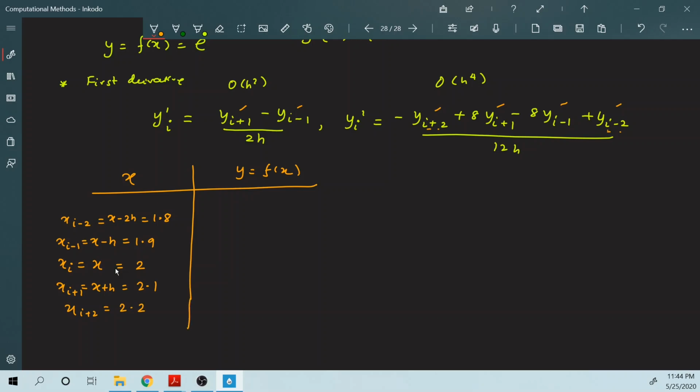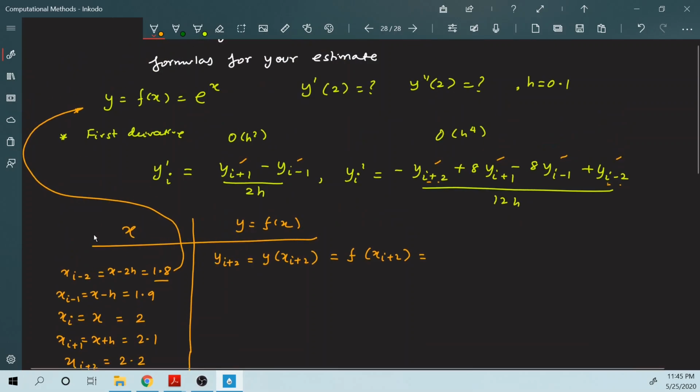Okay, so what we need is yi plus 2. So when you say yi plus 2, what you are saying is y at xi plus 2, that is nothing but y function of xi plus 2. Okay, and what is xi minus 2? That is 1.8. So you are going to substitute 1.8 in this function.